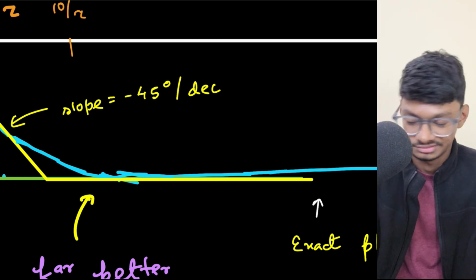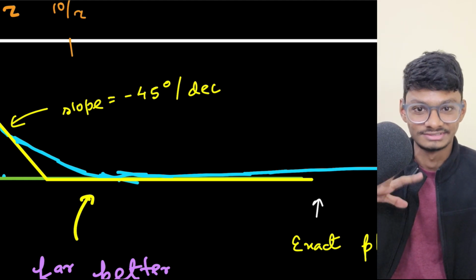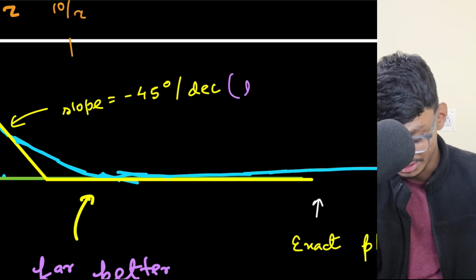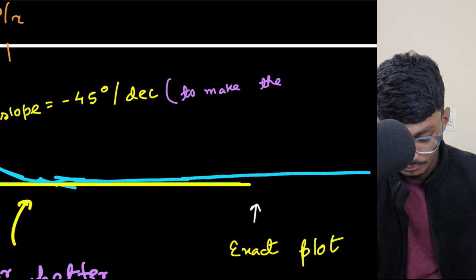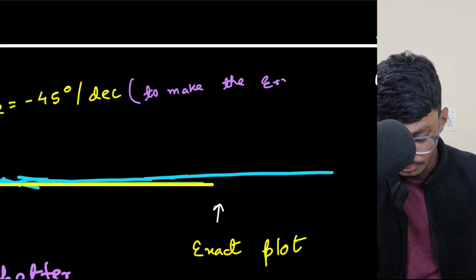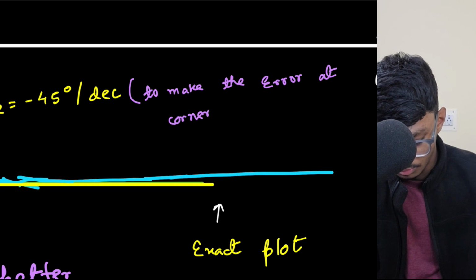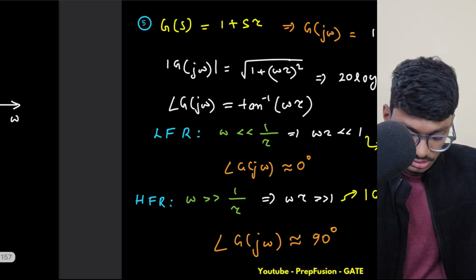This is nothing like it's written in a book. That's what I think Bode thought when he invented this slope. Right, that is what I thought. So yeah, this is my hypothesis to make the error at the corner frequency 0.